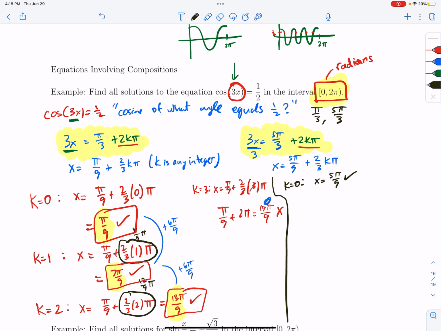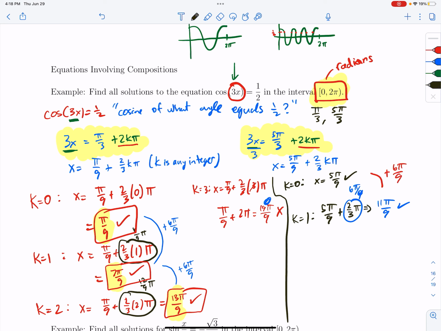That's good. When k is equal to 1, I get 5 pi over 9 plus 2/3 times 1 is 2/3. We already have seen that 2/3 pi is 6 pi over 9. So that's 11 pi over 9. That's good. And what we notice again is I'm adding 6 pi over 9.